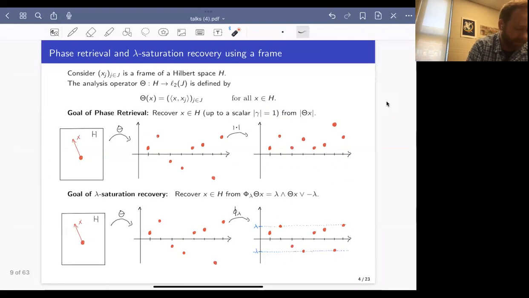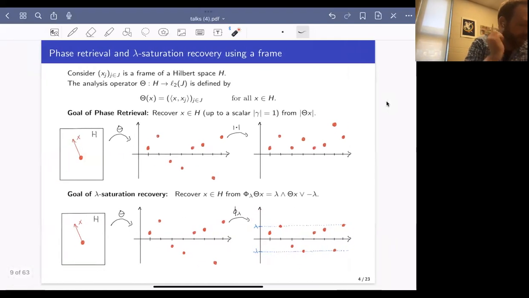And then in the setting for lambda saturation recovery, it's not clear how would I go from here back to there? Because I don't have a continuous function anymore where I can just identify the peaks that got chopped off. So it's a much harder problem. Okay.